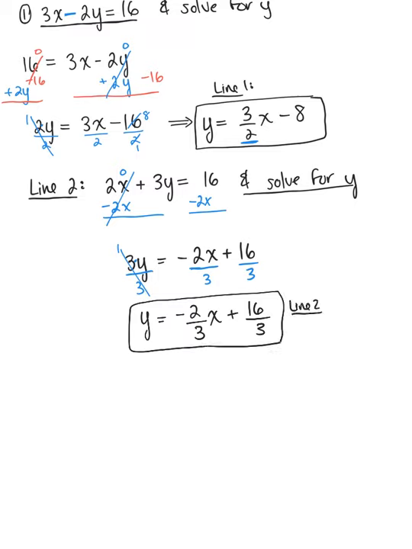Now we're ready to go ahead and compare the slopes. Again, we identified that the slope of the first line is 3/2. So m sub 1 is 3/2.